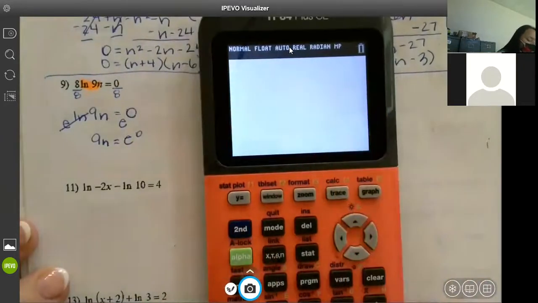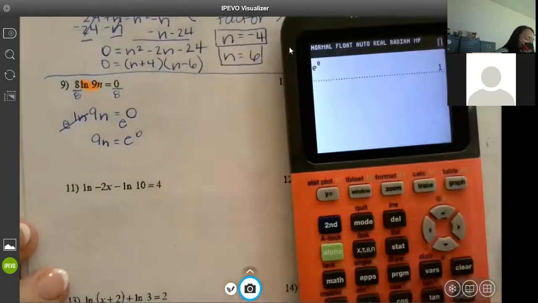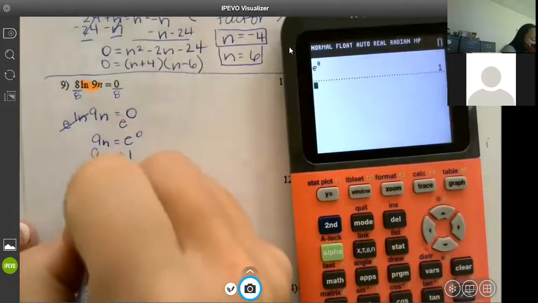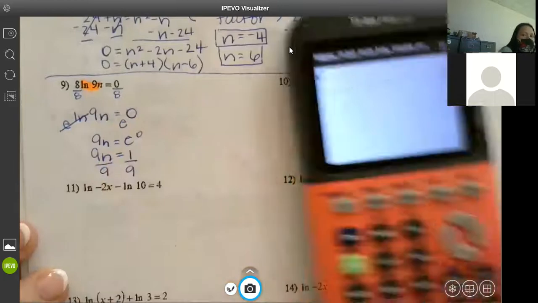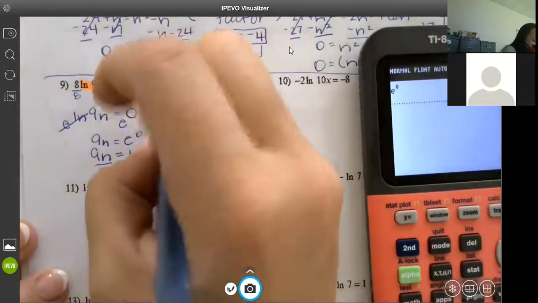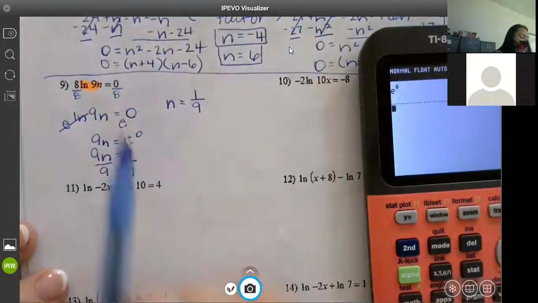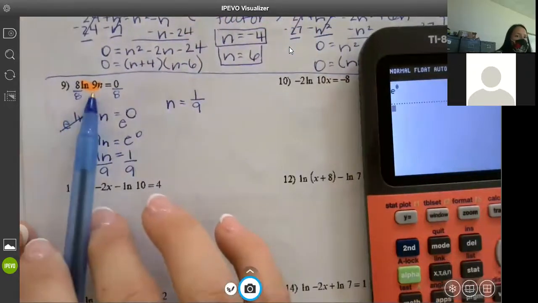You can do that in your calculator. Remember, anything to the 0 power gives you 1. And then we're going to divide by 9. You can leave it as a fraction or put it in a decimal, and n equals 1/9.